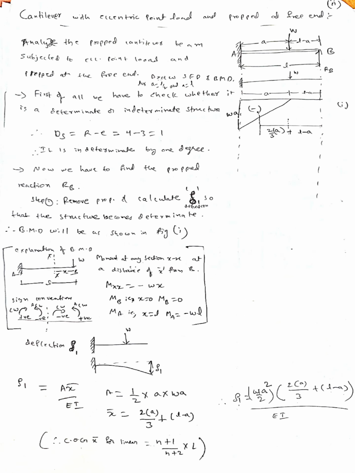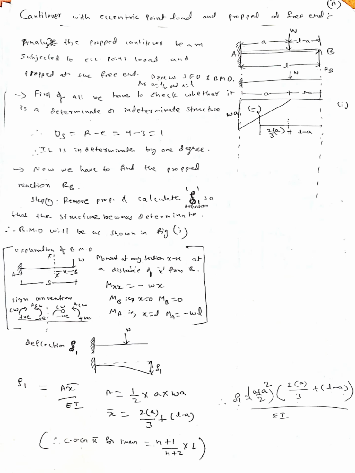A propped cantilever beam is subjected to an eccentric load. W is the point load, eccentric, at a distance of A from the fixed end. So obviously the distance from B is L minus A, where L is the total length.